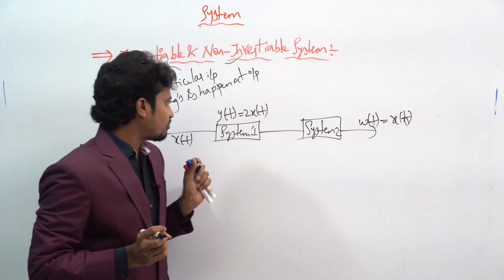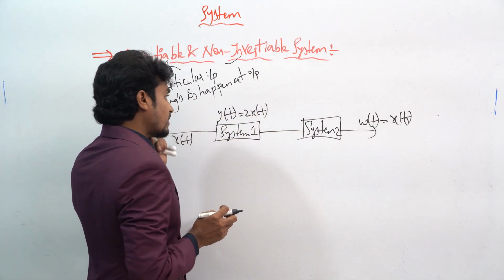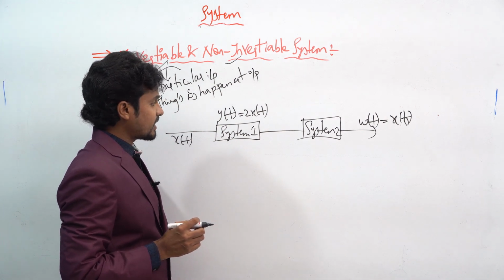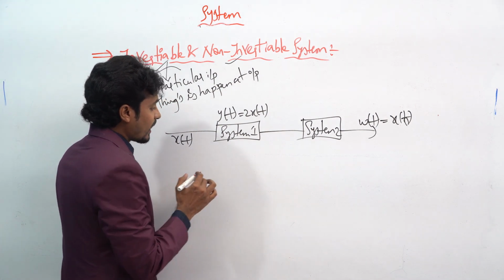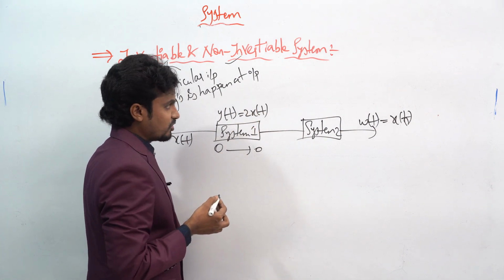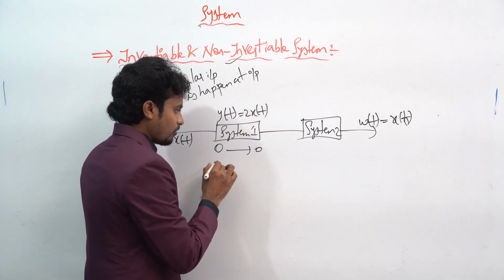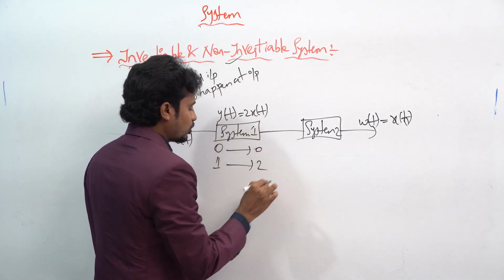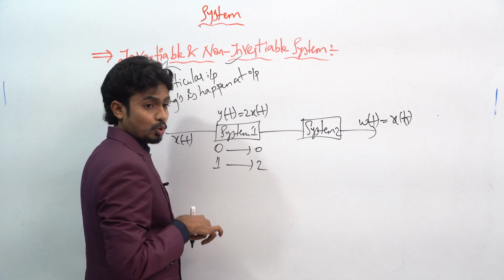Okay, for example, if you take y of t is equal to 2 into x of t, and x of t is 0, what will happen? That will be 2 into 0, you will get 0. If you put 1, how much will you get? That will be 2 into 1, you will get 2.